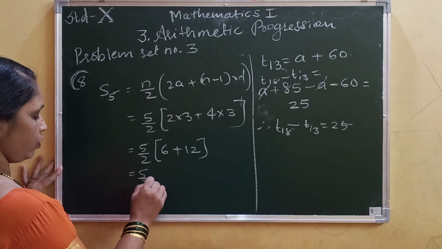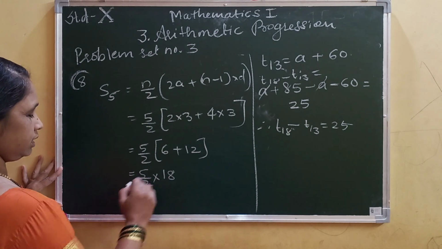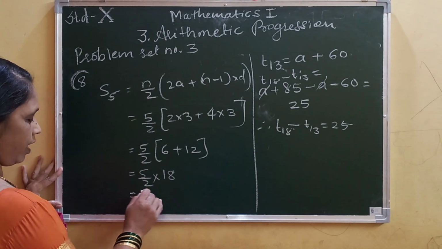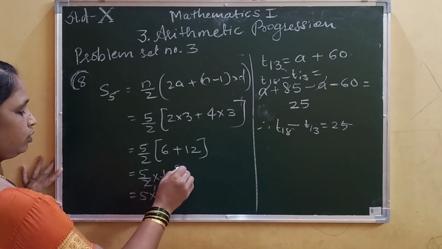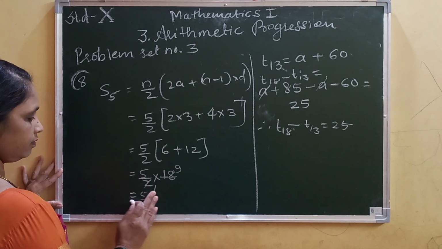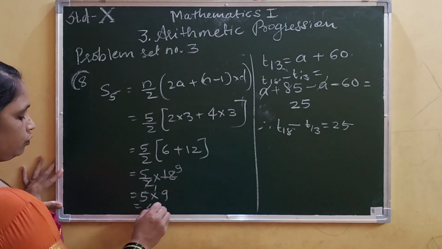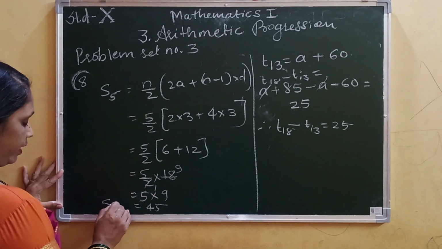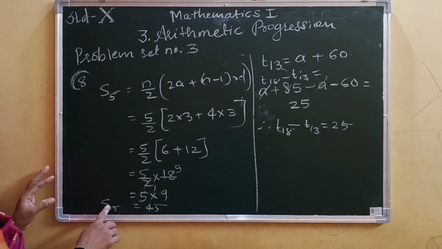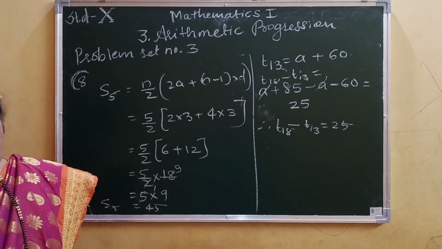So 5 upon 2 into 18. 2 nines are 18, so 5 into 9, which is equal to 45. So S5 is equal to 45.